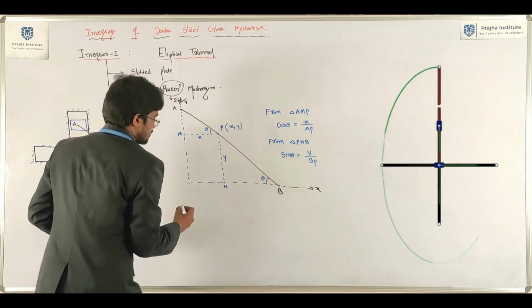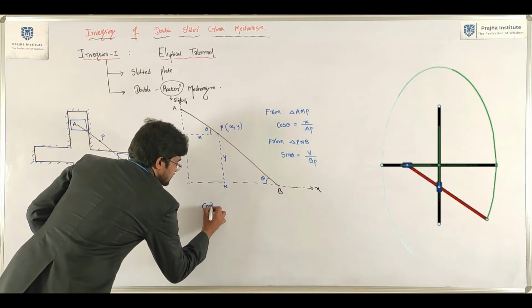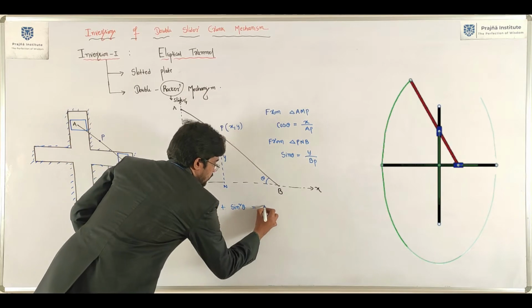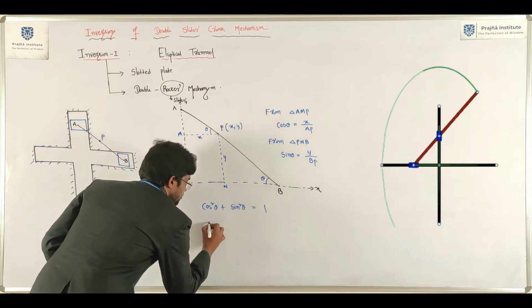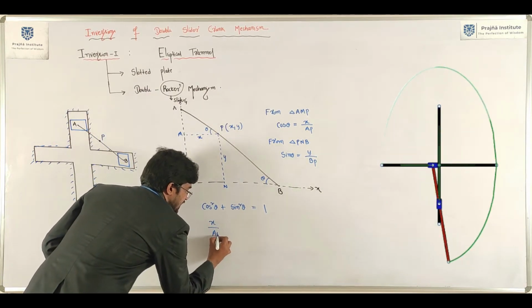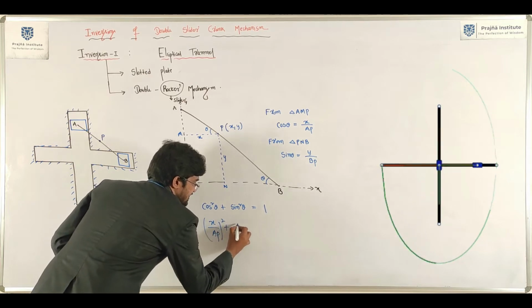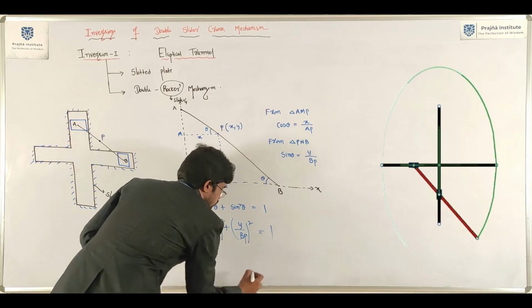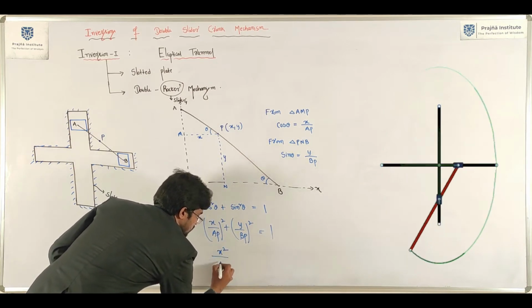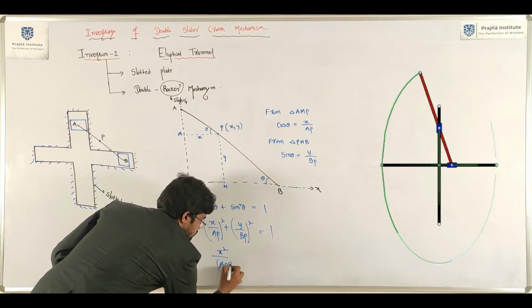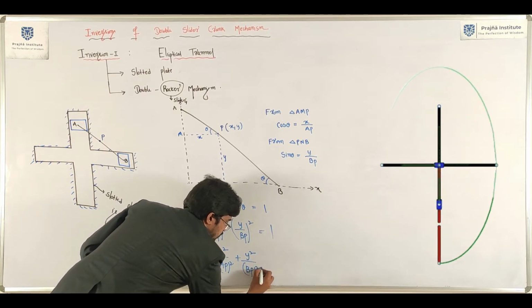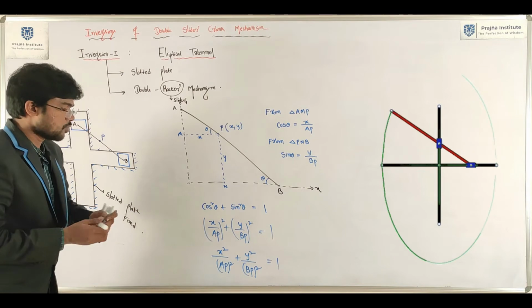Now tell me, cos square theta plus sin square theta equals 1. We know that. (x by AP) whole square plus (y by BP) whole square equals 1, that is x square by AP square plus y square by BP square equals 1.